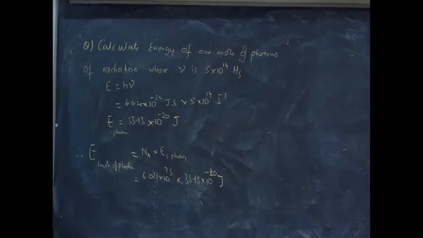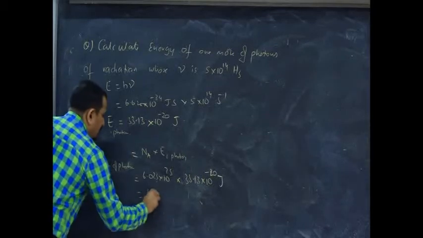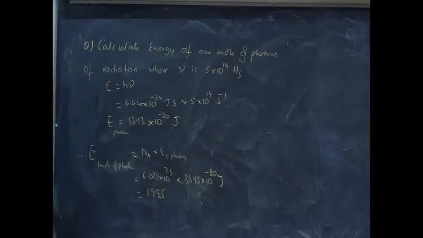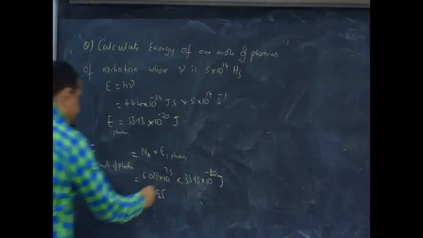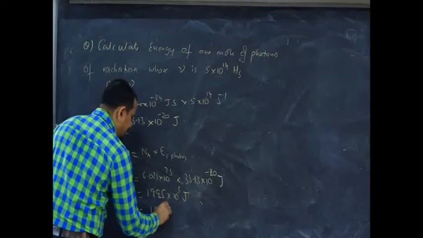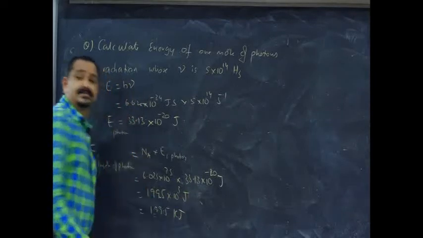On multiplying these two values, the energy of 1 mole of photons is approximately 199.5 into 10 power 3 joules, which means 199.5 kilojoules.